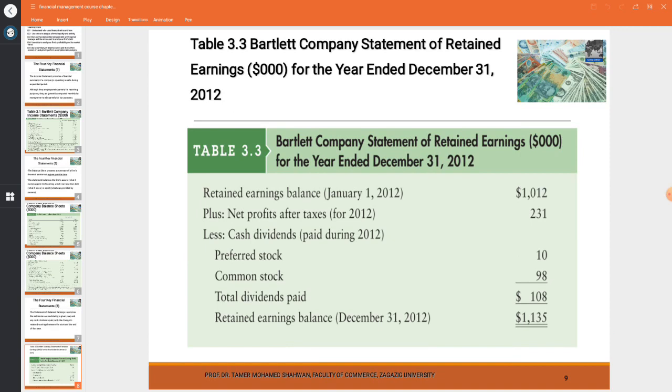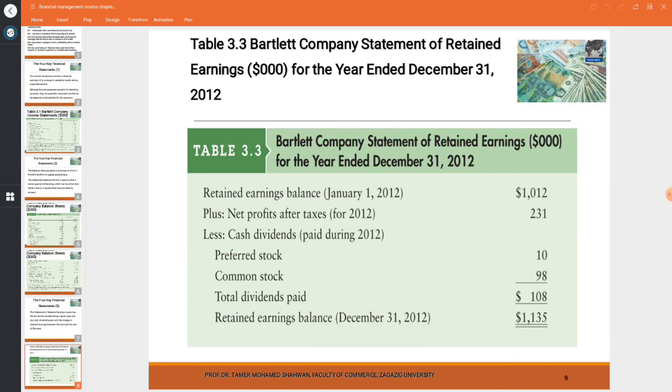If I would like to prepare the retained earnings statement, first we start with the retained earnings balance at the beginning, on the 1st of January of a specific year. Then we add net profits after taxes of the year 2012, for example, and then we subtract any cash dividends which we pay during 2012.